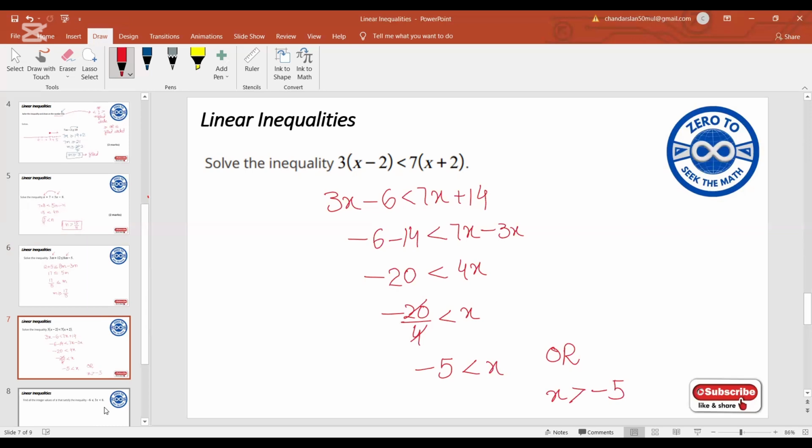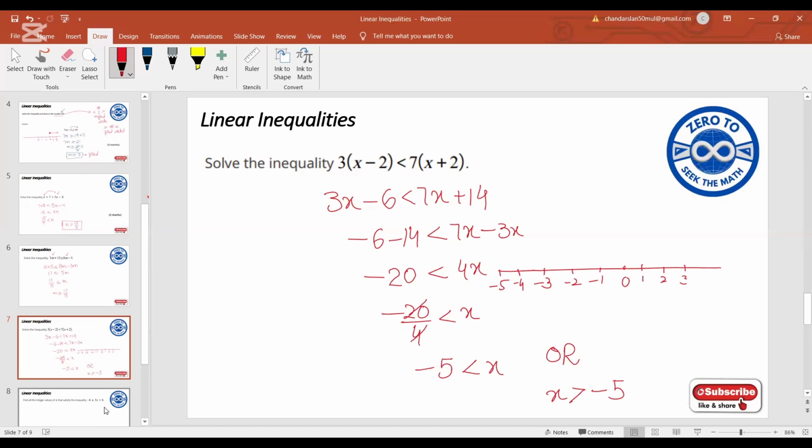Now if I say to draw this on the number line, what can we do? The center one will be 0, then 1, 2, 3, and again we have -1, -2, -3, -4, and -5.